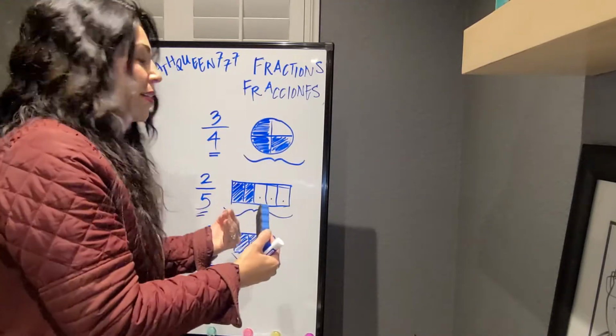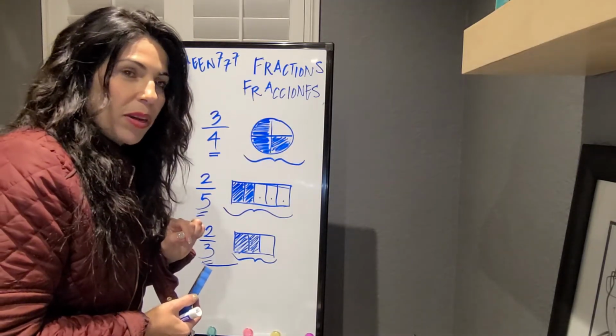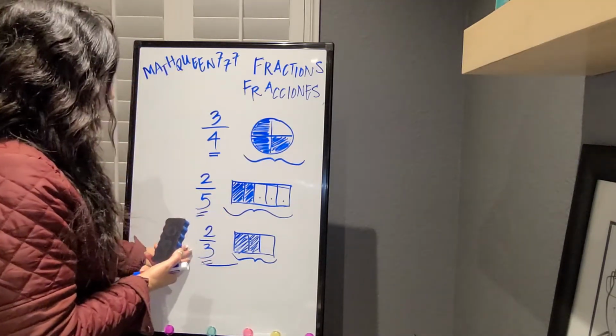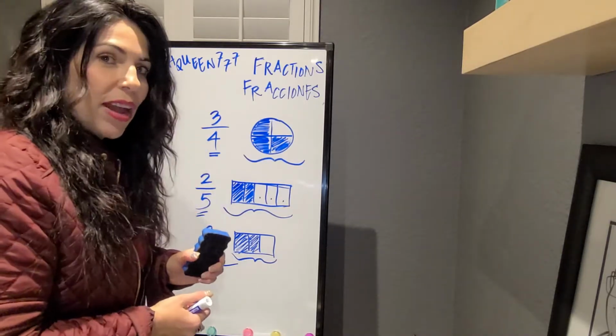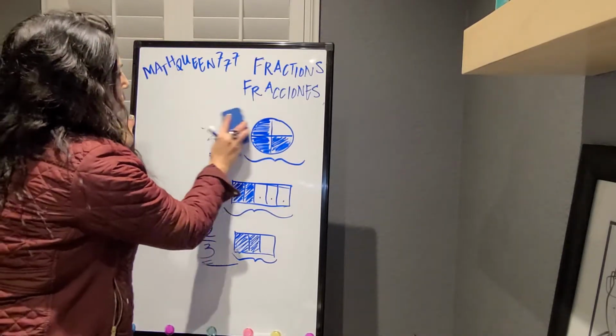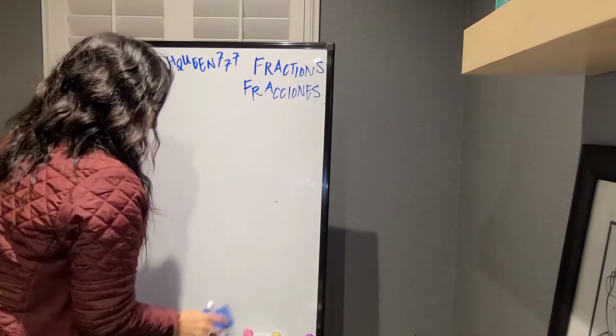Pero, ¿qué tal si cambiamos el numerador y el denominador? So we have these examples. But now what happens if we change the numerator and the denominator? So let's try that.